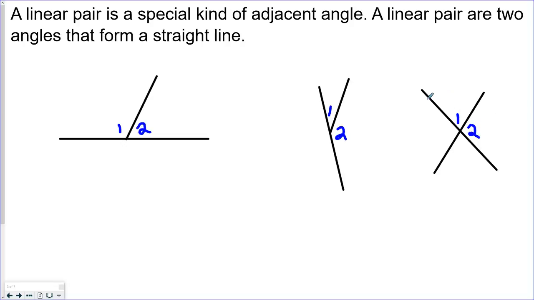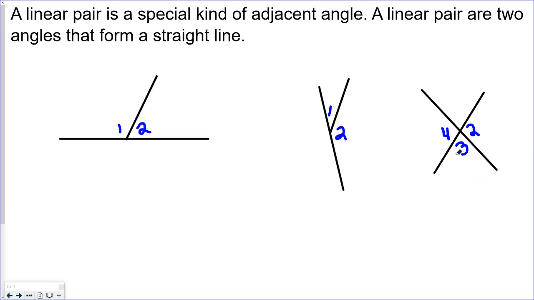They're both adjacent and they form this nice straight line, so they make a linear pair. You could also say that this angle, angle 2, makes a linear pair with angle 3 because they form a nice straight line and they're both adjacent. And the same thing with angle 3 and angle 4 over here. 3 and 4 would also make a linear pair as well.